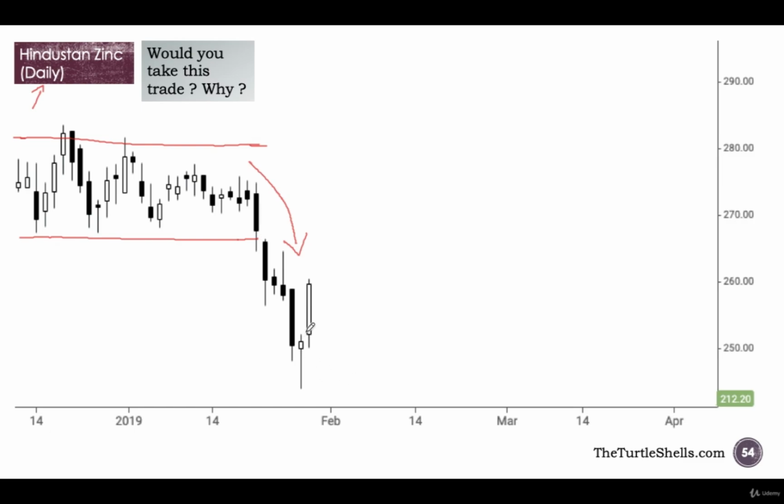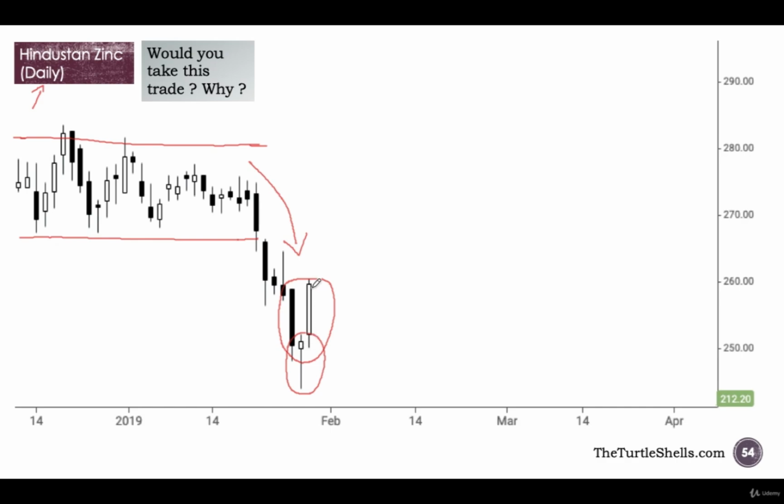And then you have a hammer here. The lower shadow is more than twice the height of the real body. It's a white candle hammer. The real body is coming near the upper end of the trading range. So definitely that's a bullish sign. And it is not a perfect morning star if we look at these 3 candles, because the first and the second real bodies are touching.